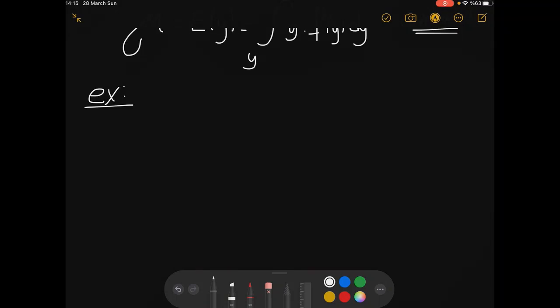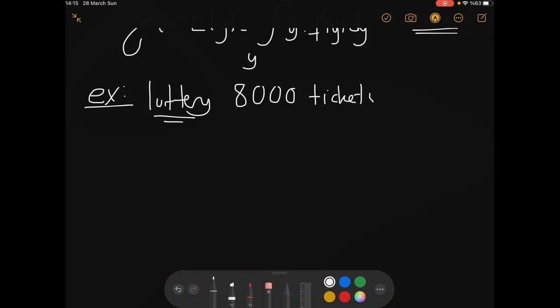Suppose that there is a lottery here, and there are 8,000 tickets for that lottery, and each ticket costs $1, for example.